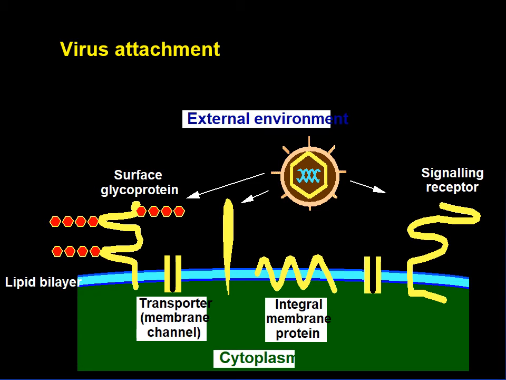Once the virus attaches to the receptors, there is another stage, followed by the entry of the virus particle into the cytoplasm of the host, of course by penetrating the lipid bilayer.